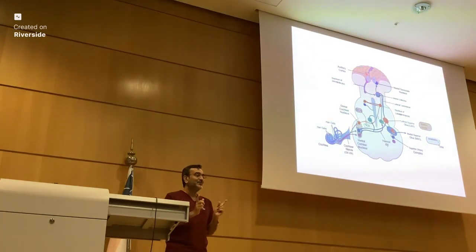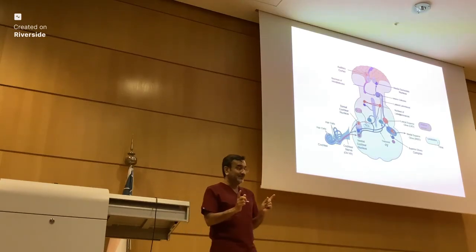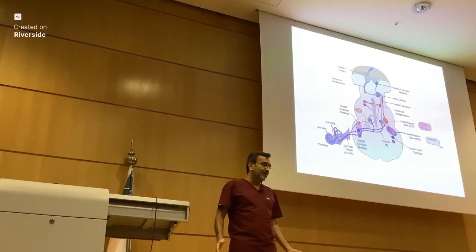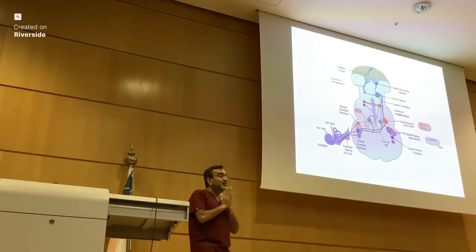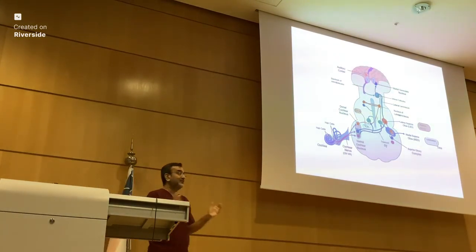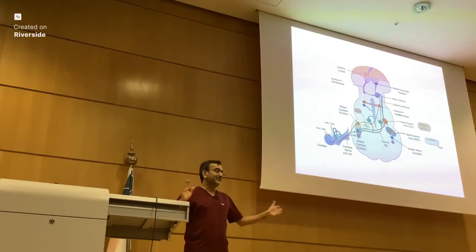So that's how the ear would determine that the sound is coming from the right side or the left side. So remember, MSO, the medial superior olivary nuclear complex, is important for lateralization, from which side the sound is coming.